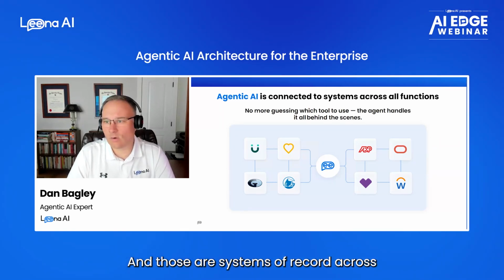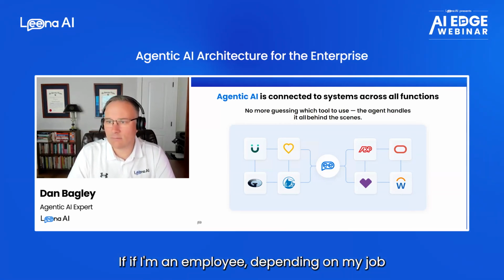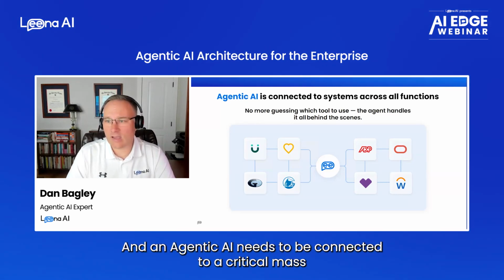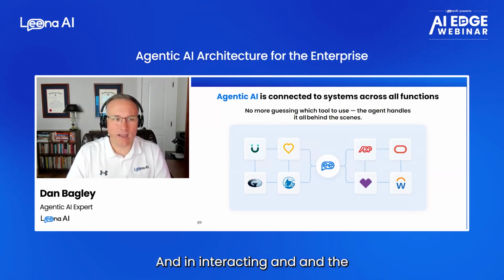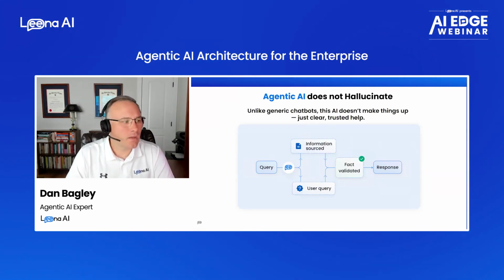And those are systems of record across HR domains, IT domains, finance, sales, procurement. If I'm an employee, depending on my job role, I could have access to literally hundreds of systems. And Agentic AI needs to be connected to a critical mass of those systems such that I can get benefit from the AI agent interacting with those systems on my behalf.